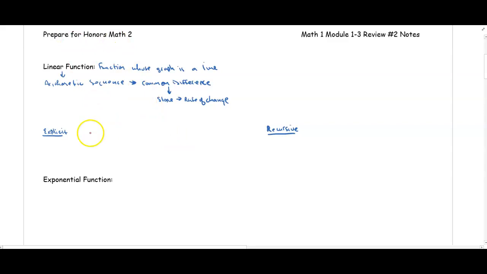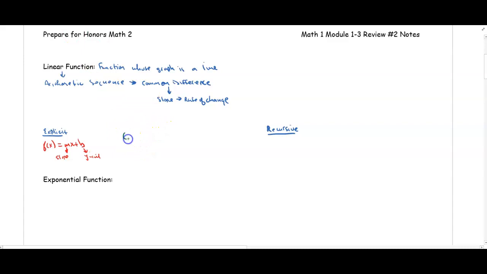Now with the explicit rule, remember, this is just basically your function notation. There's one way, if you know the y-intercept, we say f of x equals mx plus b, where m represents your slope, b represents your y-intercept. Now here's the thing though.